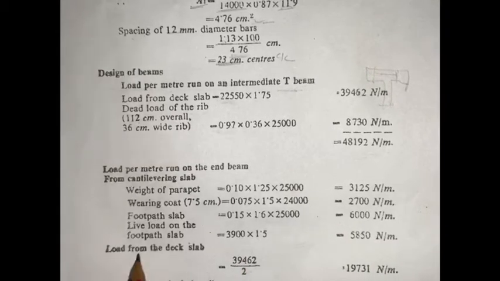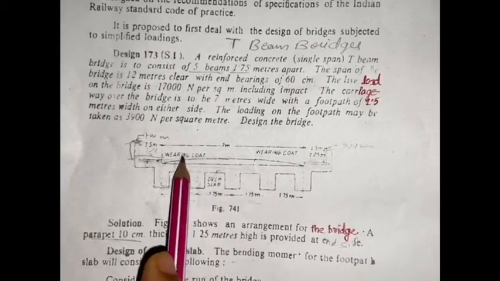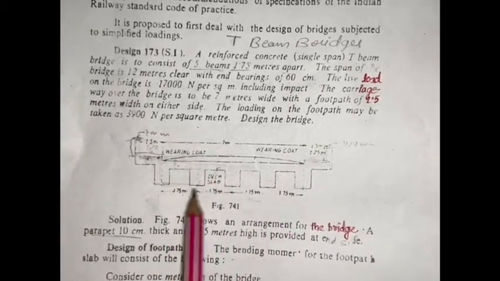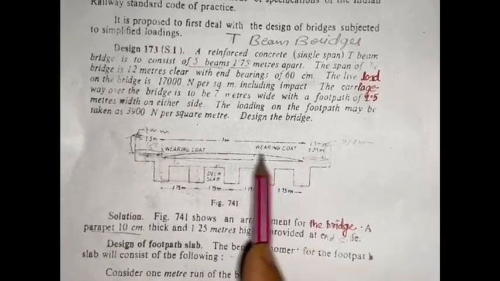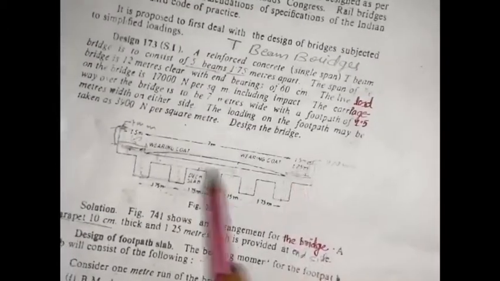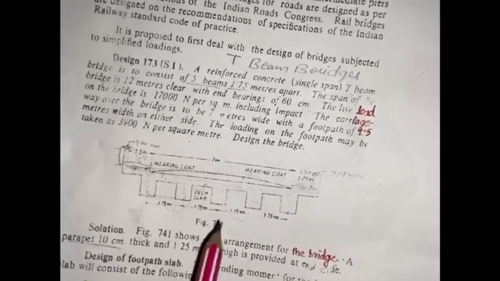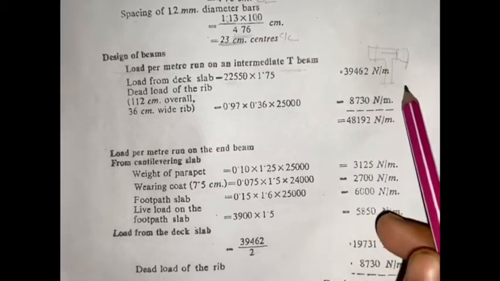Okay, so load from the deck slab on intermediate beam, the load comes from the deck. Similarly for the end beam also the load due to deck will occur. So only half load will occur at the end beam of the bridge. Okay, so we have 39462 Newton per meter.